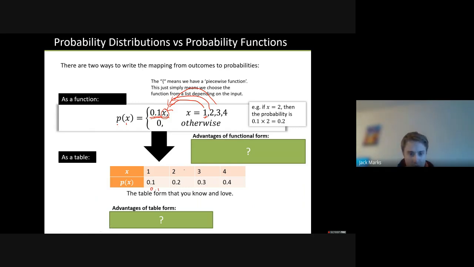So what does the distribution look like? This is how the distribution looks. You're more likely to get a result of 3 or 4 than you are for a number like 1 or 2. In fact, 4 has the highest probability out of those 4 variables. What's the advantage of this?